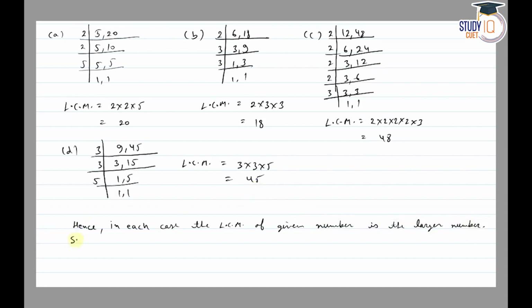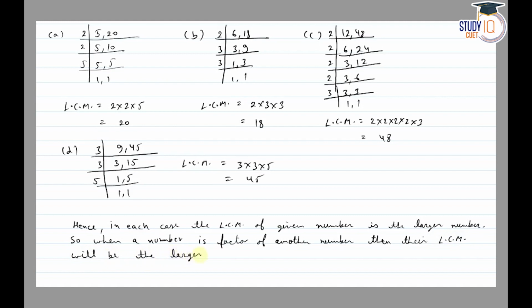So when a number is a factor of another number, then their LCM will be the larger number. Thank you.